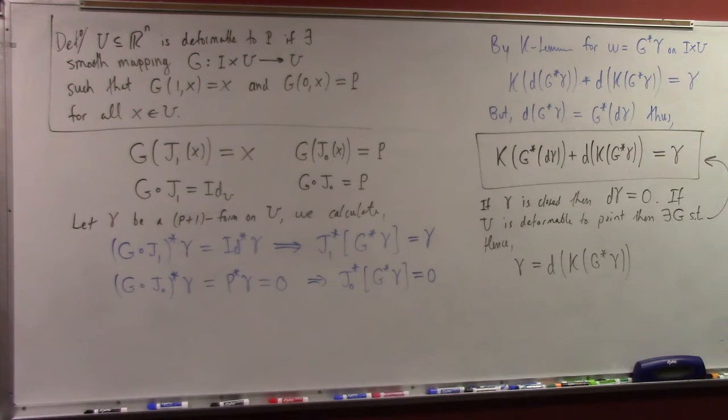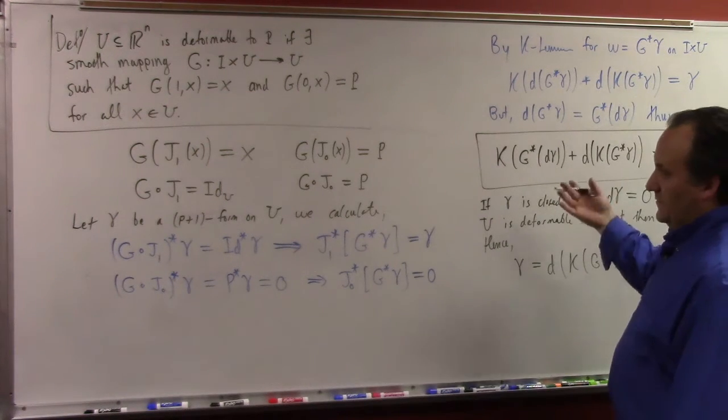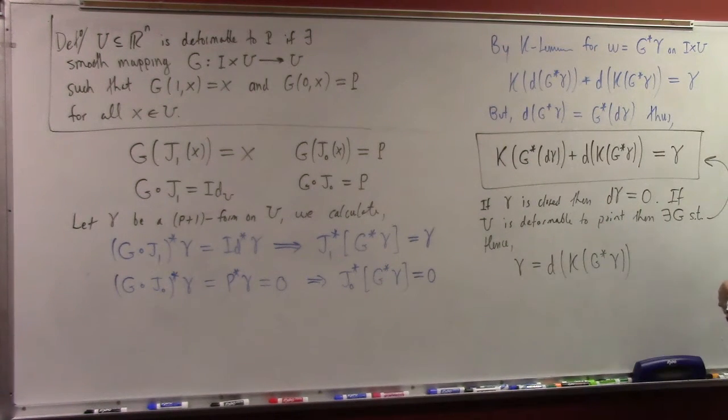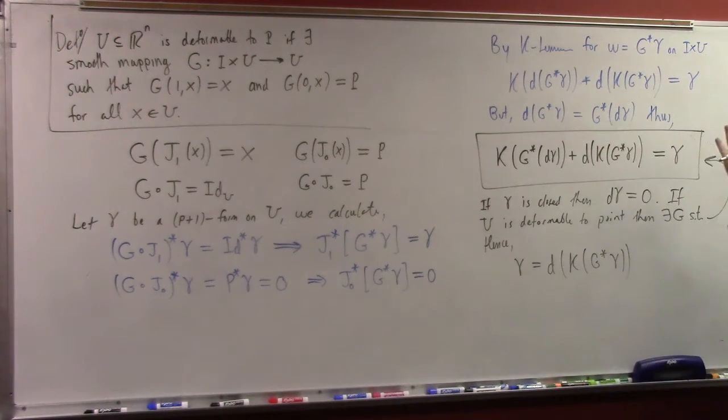Because notice that the pullback is linear. So if d gamma is 0, G pullback of 0 is 0, and by the way, K of 0 is also 0. Okay? So the first term goes, and the case is closed, and you're just left with the exterior derivative of a particular function.